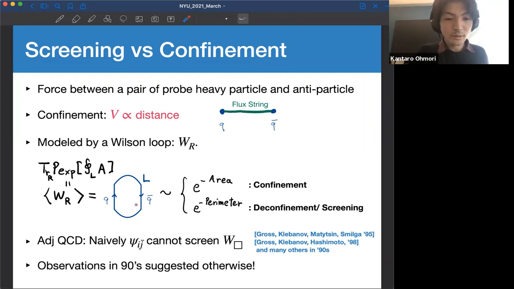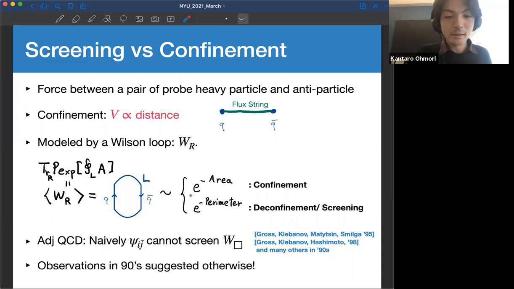If I draw this kind of path, this part is the pair creation, this part is the pair annihilation, and these parts are the world lines of the quark and antiquark.